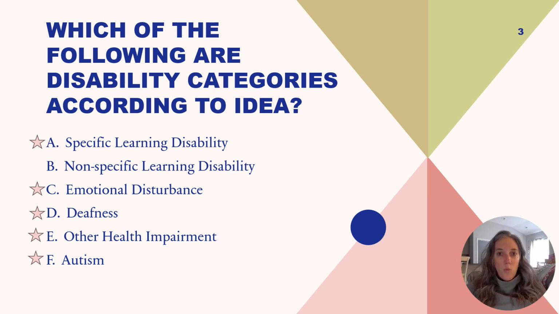So under the Individuals with Disabilities Education Act, there are 14 disability categories that include autism, deafblindness, deafness, developmental delay, emotional disturbance, hearing impairment, intellectual disability, multiple disabilities, orthopedic impairment, other health impairment, or OHI, specific learning disability, or SLD, speech or language impairment, traumatic brain injury, or TBI, and visual impairment, including blindness.